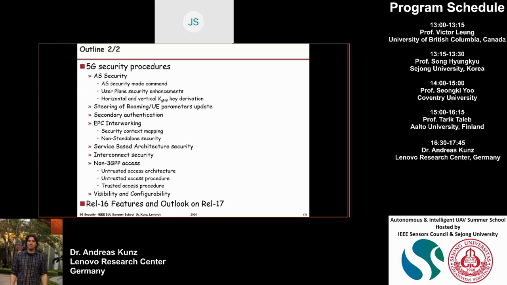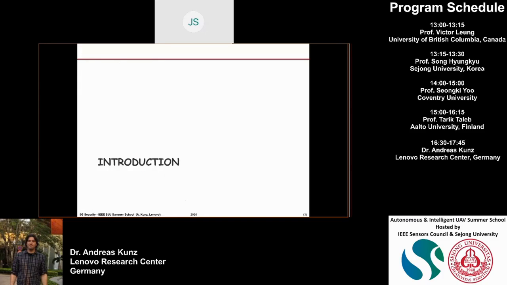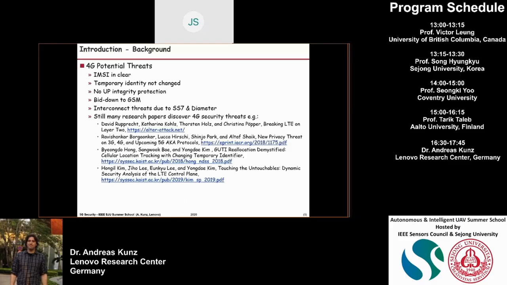Let's go with the introduction. And I will give you an overview about what were some issues in 4G. We had some potential threats in 4G, like you may know, you could have a so-called IMSI catcher. The IMSI was sent in clear in the initial attach message.